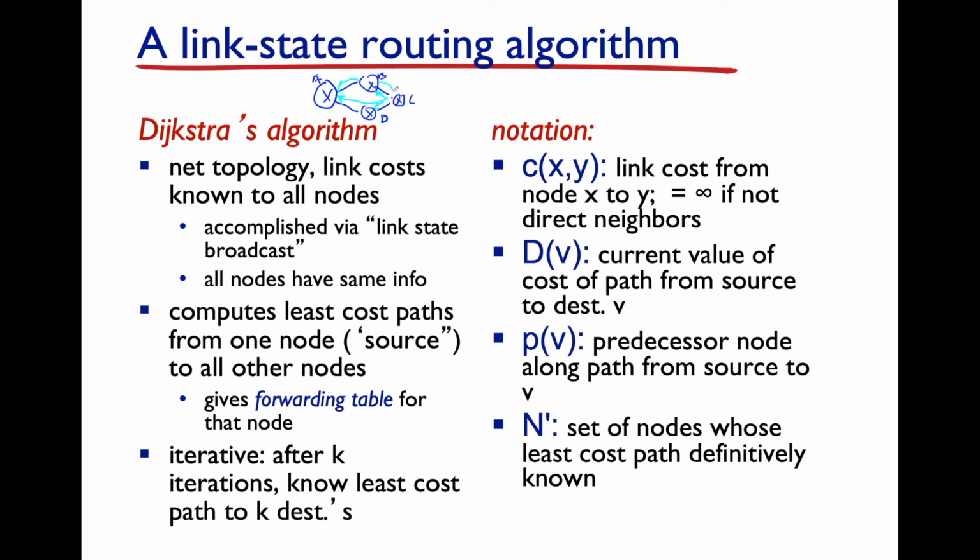B is going to send its link state to A, C, and D. And likewise, D is going to send to A, C, and B. And A is going to send to B, D, and C. So this link state broadcast means that every single node will have complete information of all of the link costs on the entire network.